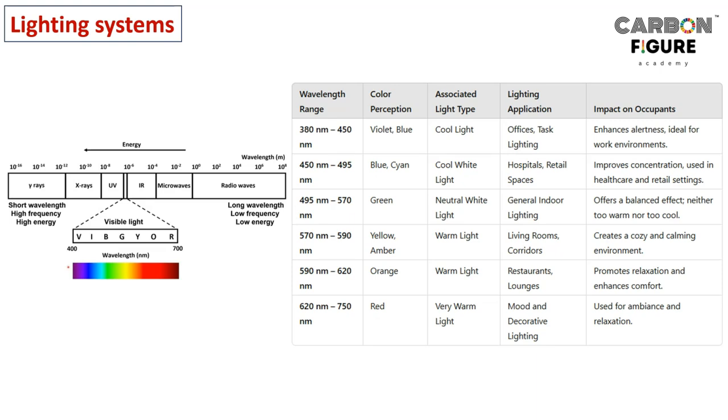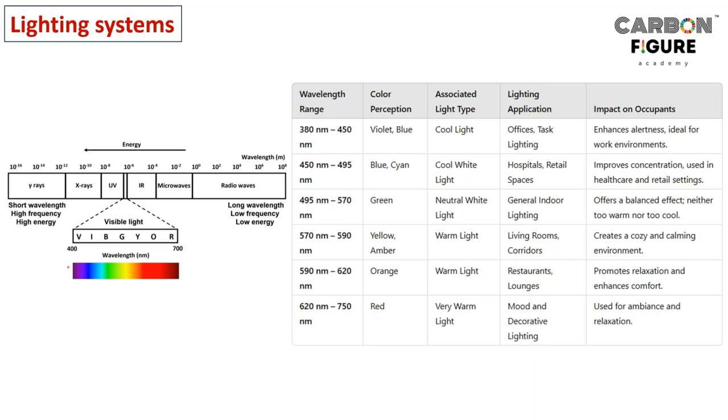We have a visible light bandwidth between 400 and 700 nanometers, within which we split the visible light into different colors like violet, blue, green, yellow, amber, orange, and red.